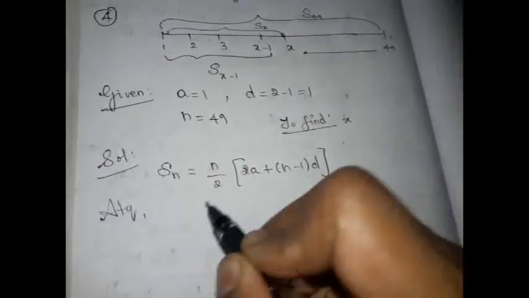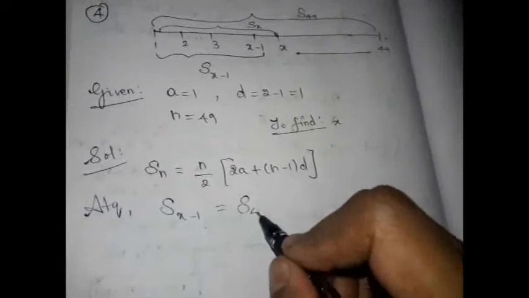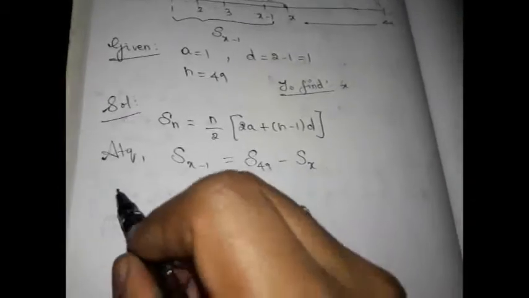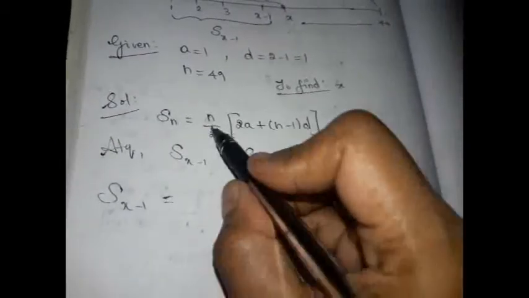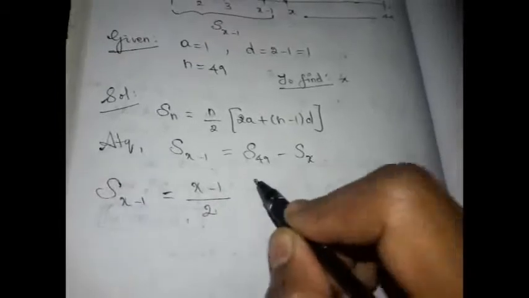Now, according to the question, what we know is S x minus 1 equals S 49 minus S x. We need to find for which number this happens, for which number the statement is true. That's what they asked in the question: find this value of x. Right. So let us find S x minus 1, which is, in the place of n, we are going to put x minus 1, divided by 2.